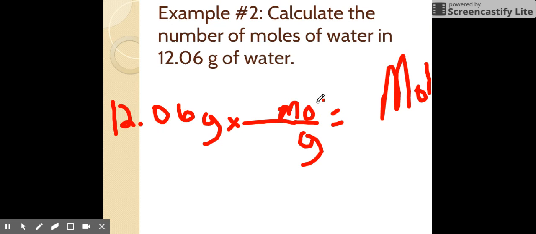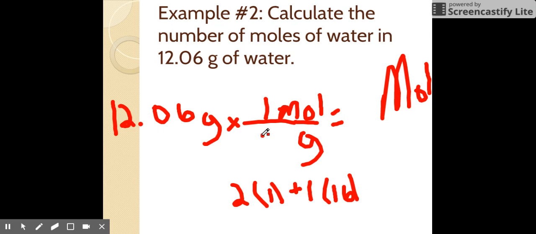It's my molar mass. Okay, so in 1 mole of water, how many grams do I have? Well, I have 2 hydrogens times the mass of hydrogen, which is 1, plus 1 oxygen times the mass of oxygen, which is 16.